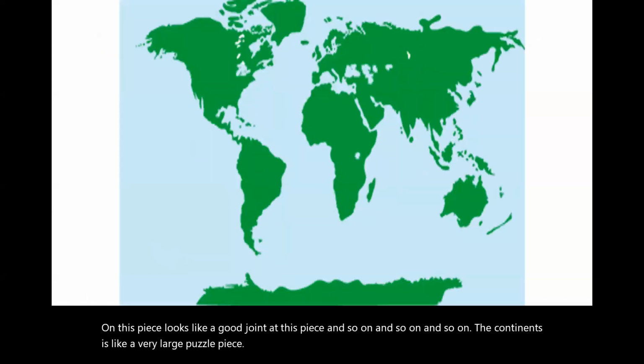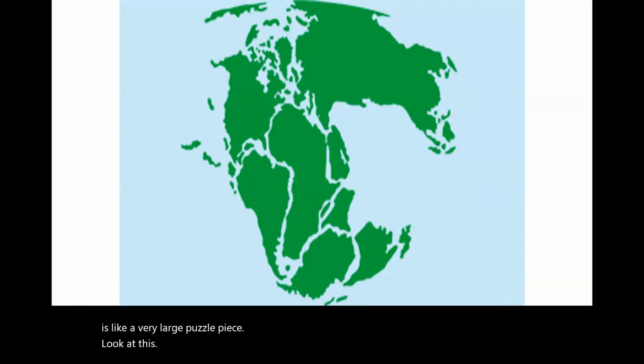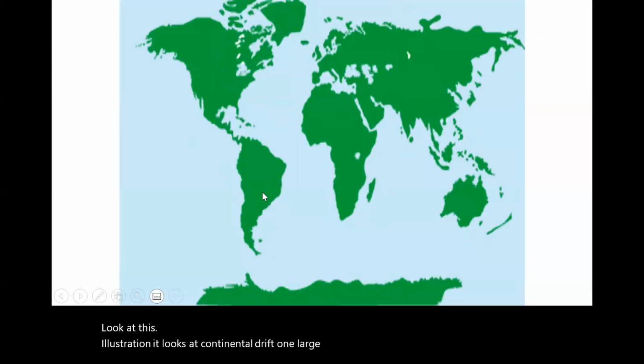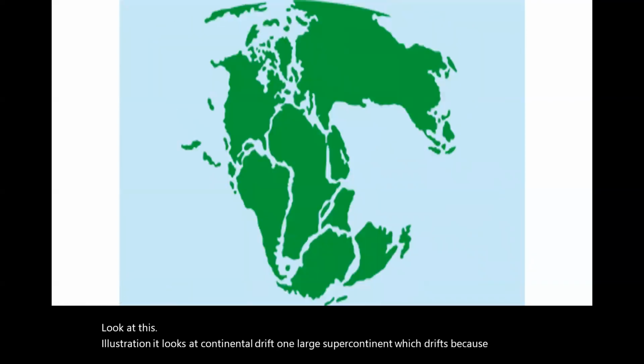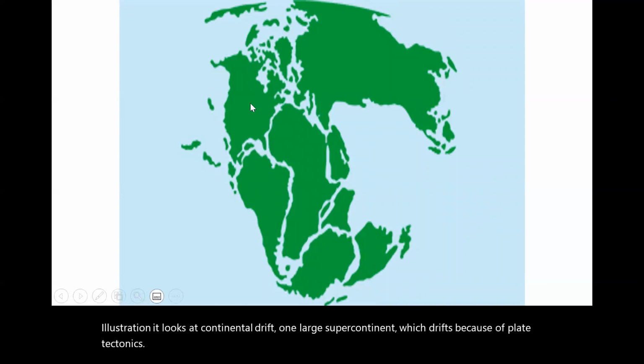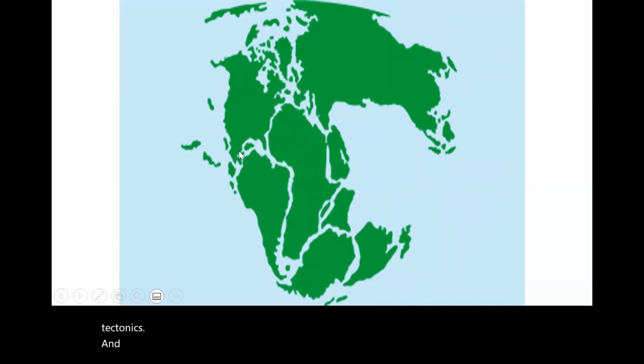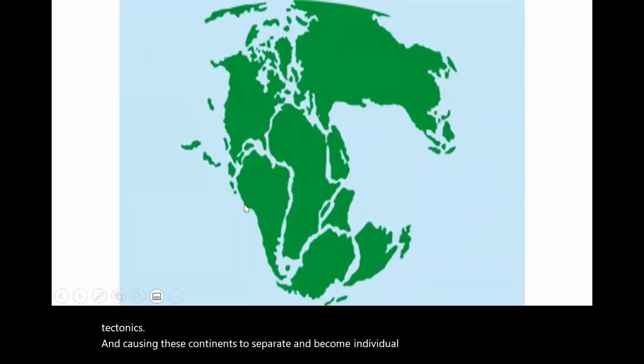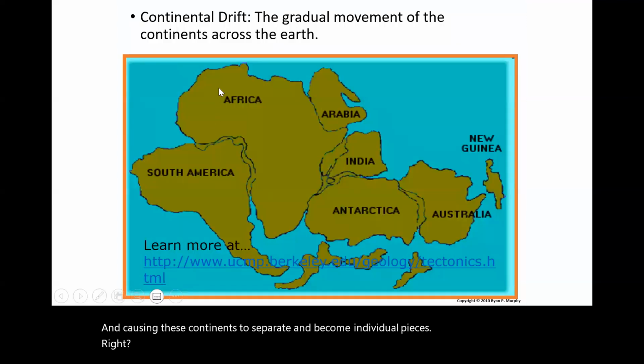Look at this illustration. It shows continental drift: one large supercontinent, which drifts because of plate tectonics, causing these continents to separate and become individual pieces. Continental drift is the gradual movement of the continents across the Earth. And why is this important when we are talking about plate tectonics?